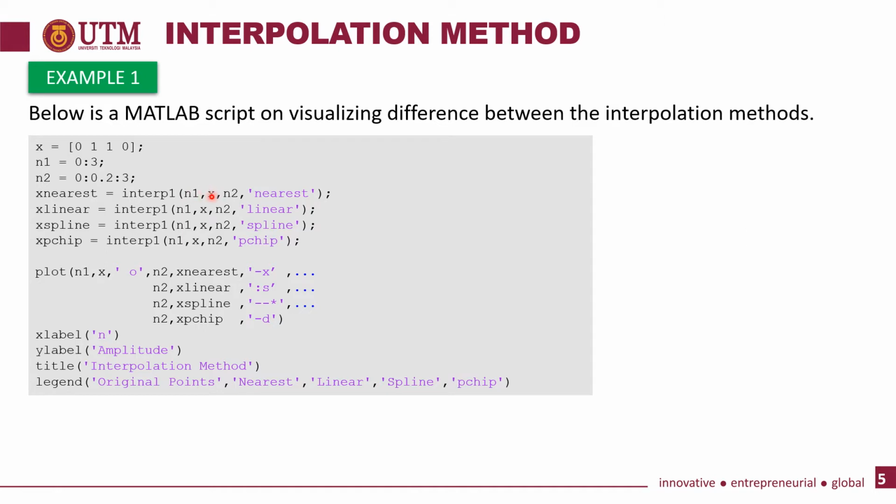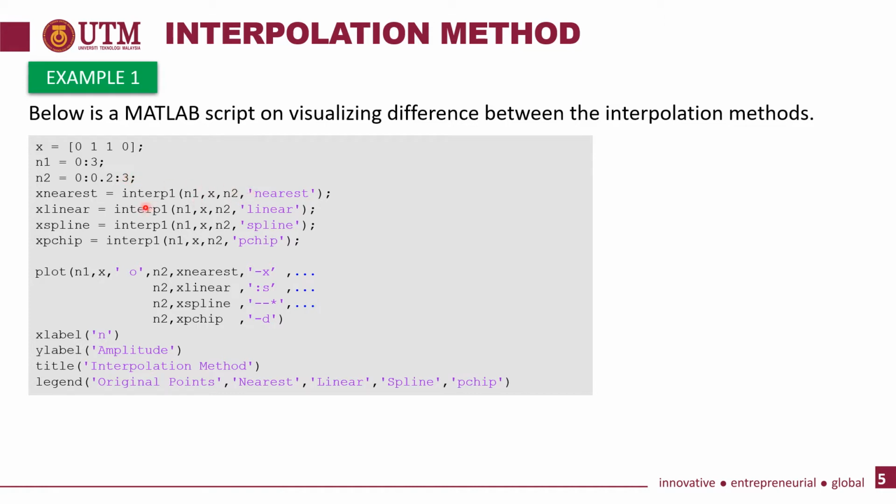So x will be represented on the y-axis, and then n2. n2 is the distance between the missing points. It is defined as 0 to 3 with a step of 0.2. So n2 has a lot of points: 0, 0.2, 0.4, 0.6, 0.8, and so on until it reaches 3.